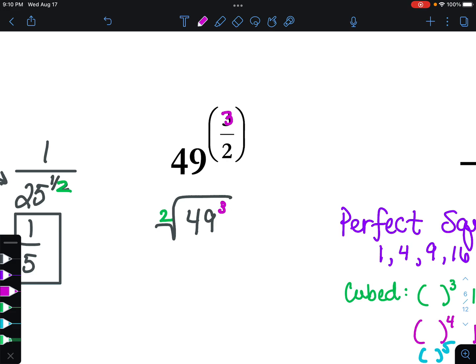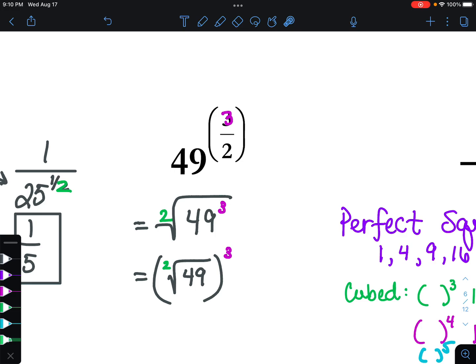Or we can also think of it as, instead of keeping that cubed with the 49 under the radical, we can also rewrite it like this, the square root of 49, but now cube the whole thing. So we have this option where we can put the numerator inside with the base, or we can cube the whole thing.